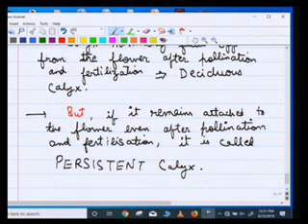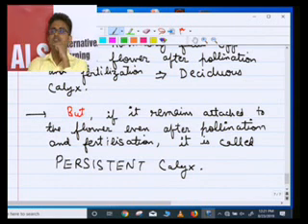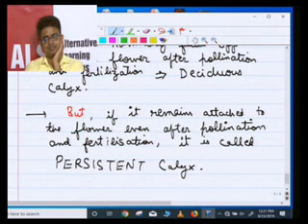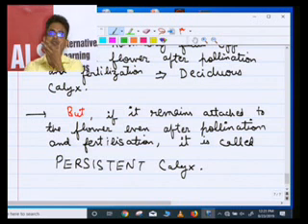Anybody? Can you give me some examples of persistent calyx? If I am asking you, then it must be quite common. I am telling you that it's present in your kitchen at the moment, or wherever you keep your vegetables, in the fridge or something.